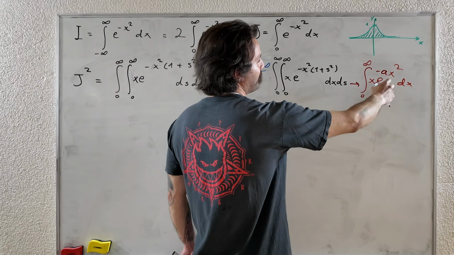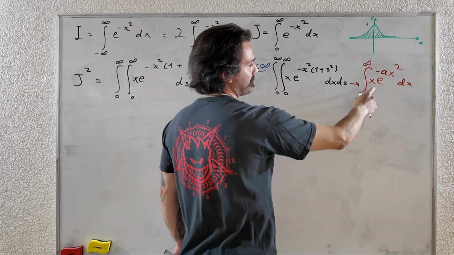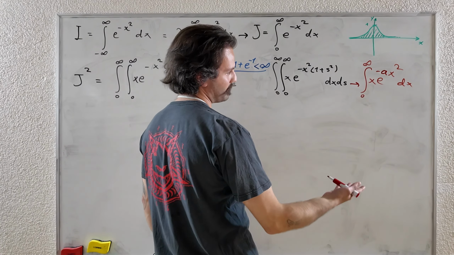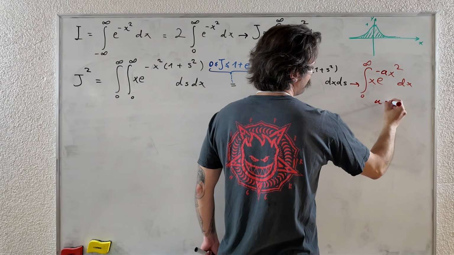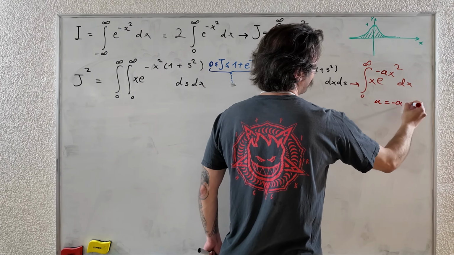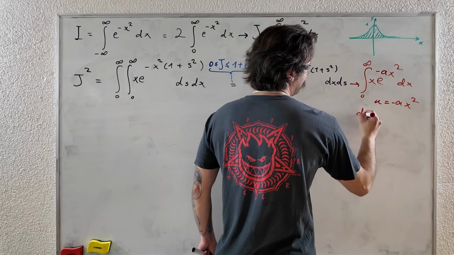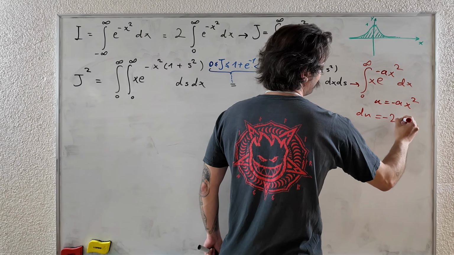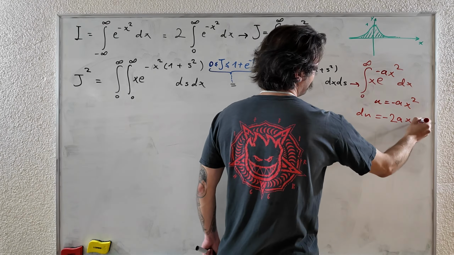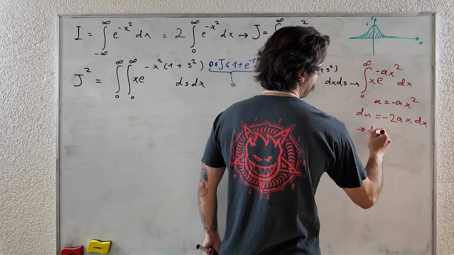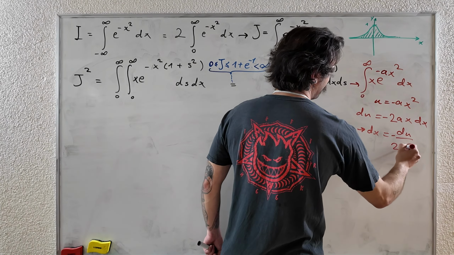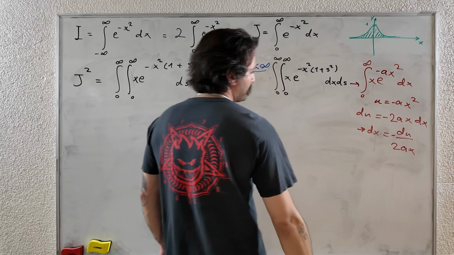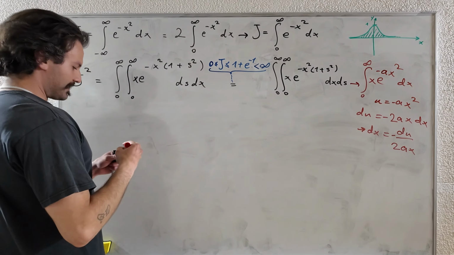So since the derivative of x squared is contained in our integrand, we can replace the whole exponent by, let's say, u. Let u be minus a times x squared. So du is just minus 2 times a times x dx, and dx is going to be minus du over 2a times x. So let's plug that into the integral.